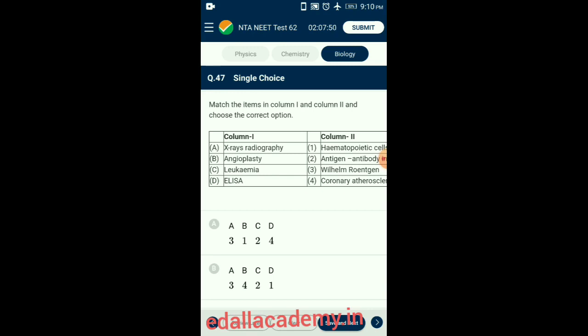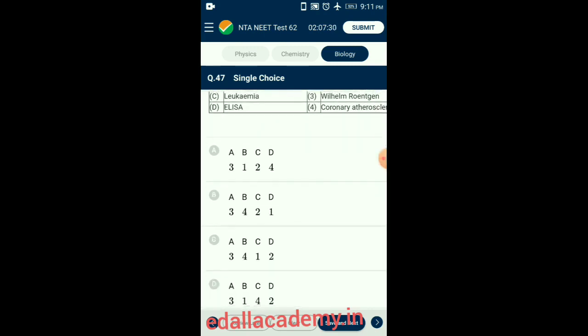From column 1, leukemia matches with column 2, hematopoietic cells. From column 1, ELISA matches with, from column 2, antigen-antibody interaction. So the correctly matching option is option C.